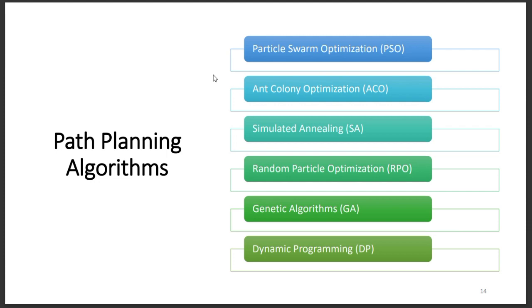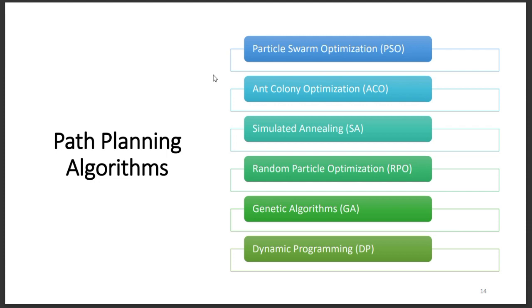So the algorithm or technique takes natural behavior, watches that pattern and makes an algorithm named particle swarm optimization.